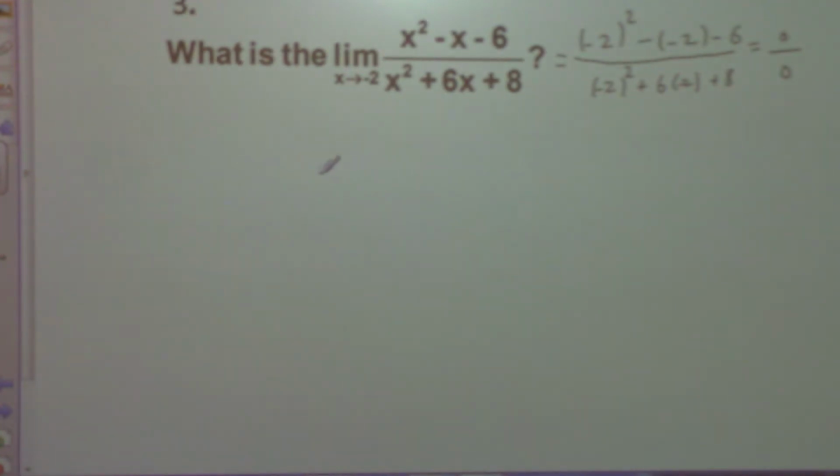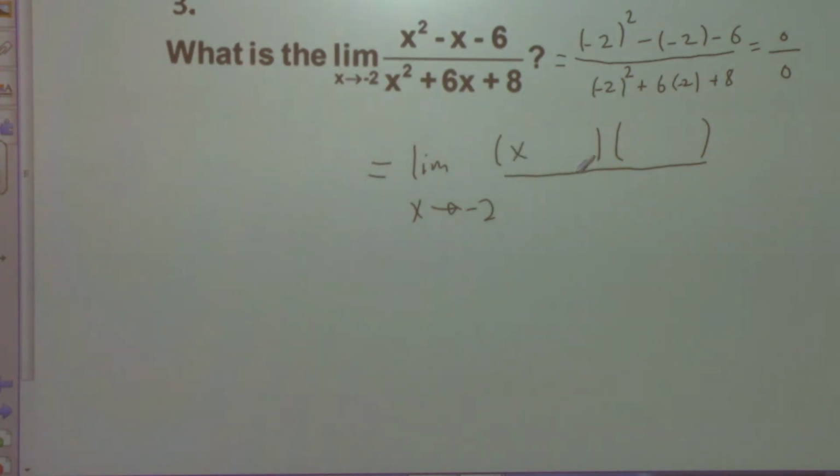And so what you're looking to find is the limit as x approaches -2 of a factored form of this. Because the thing will only work if you have a factored form, or if you have something canceling here. So here, I don't know what you got.